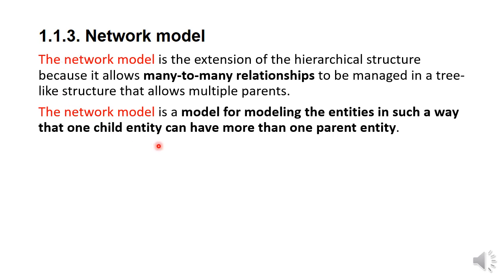In other words, the main difference between a hierarchical model and a network model is that in this model, one entity can have many parents, whereas in a hierarchical database model, an entity must have one and only one parent.